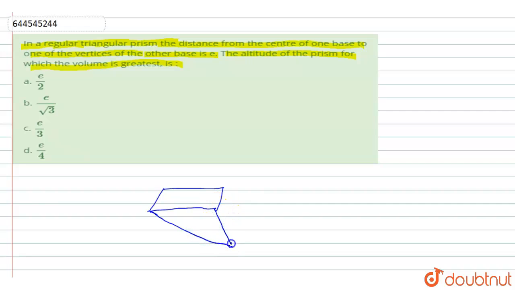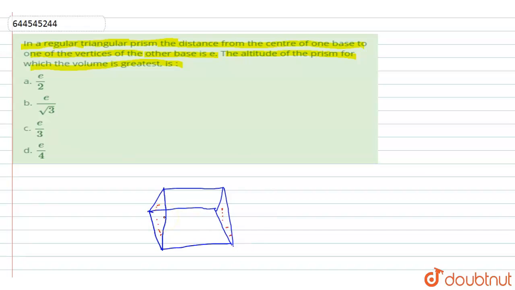Okay, this way. So this is the triangular prism. This is the triangle base, and this is also a triangle, an equilateral triangle. Clear?